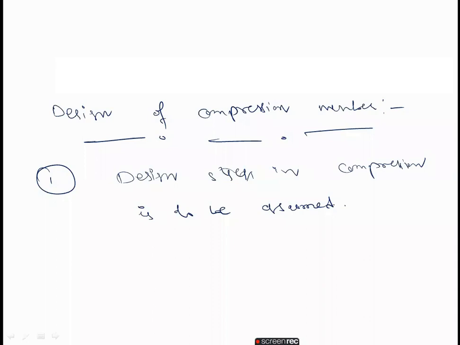You have to assume that value. Suppose I take a rolled steel section or rolled steel beam, the slenderness ratio varies from 70 to 90. So the design stress, that is FCD, we have to take as 135 Newton per mm square.